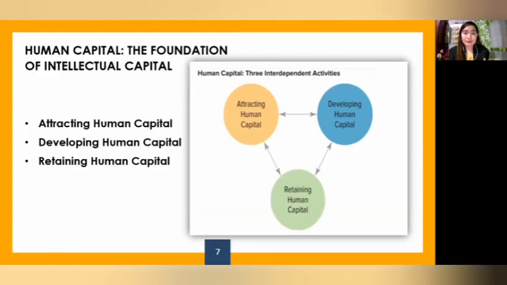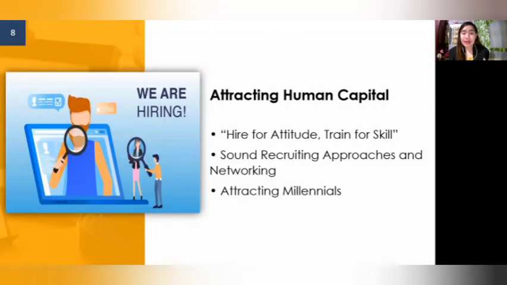Next, we have human capital, the foundation of intellectual capital. Before a firm has intellectual capital, it needs the intellectual capacities, the human capital or human resources. They need to fill up their human capital first. So how are they going to gain human resources? First is attracting human capital.